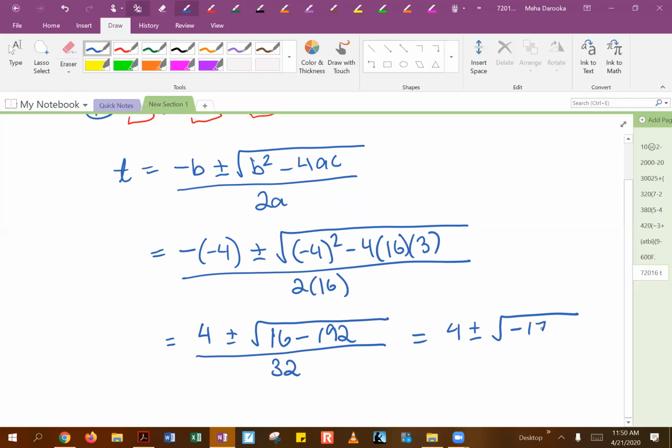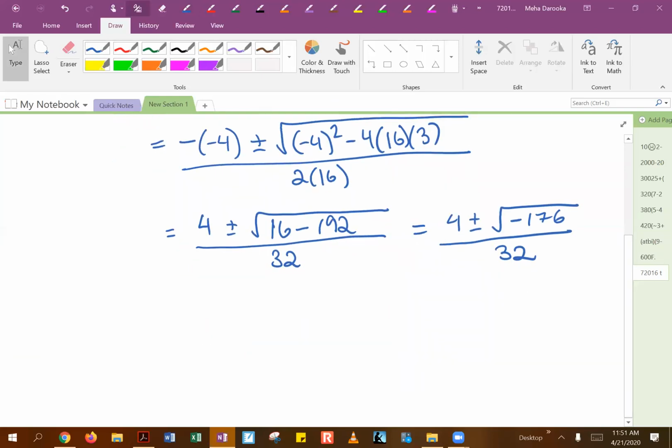So right when you see that negative show up in your radical, that's when we know we're getting imaginary solutions, right? All right, so let me see what your final answer comes out to be.